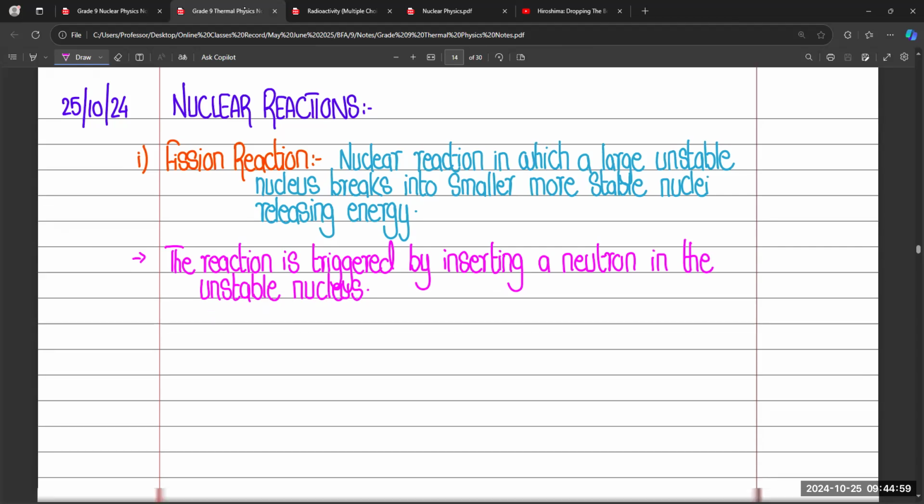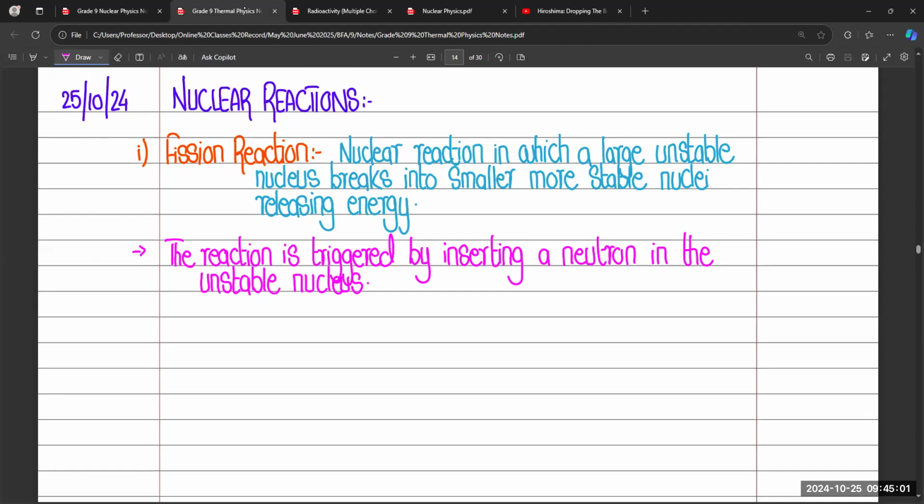So first of all, let's write down the nuclear equation for it, because we studied alpha decay and beta decay. In this process, we are striking with a neutron. We know that we have to balance the equation on both sides.